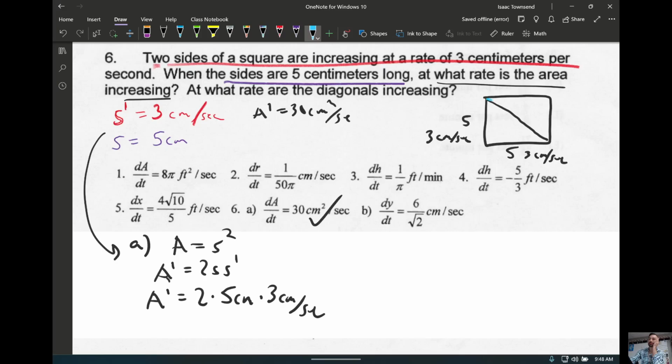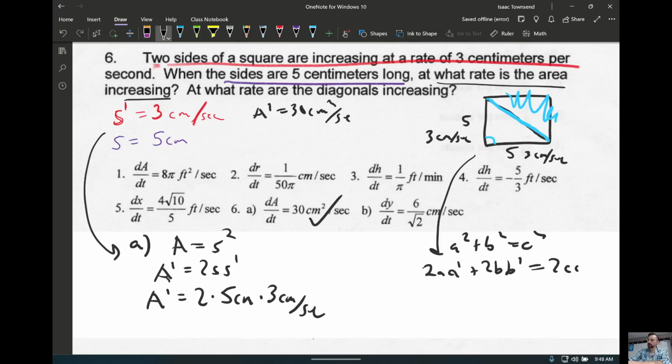But for the second question, if you're interested in how this diagonal is changing, you're probably looking at just this right triangle. I don't really care that it's a square anymore. So down here, Pythagorean theorem. Derivative with respect to time. Simplify everything by dividing by 2.